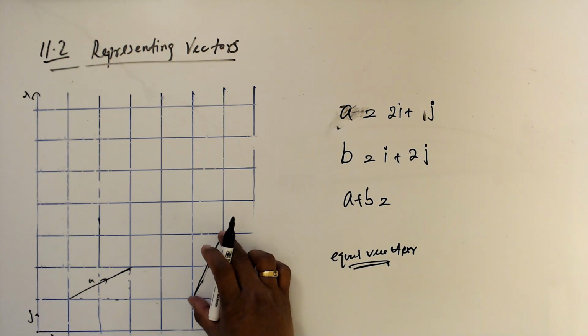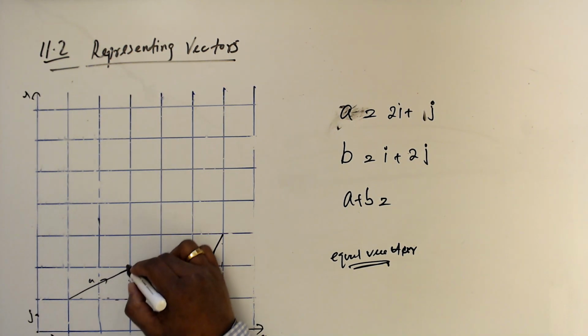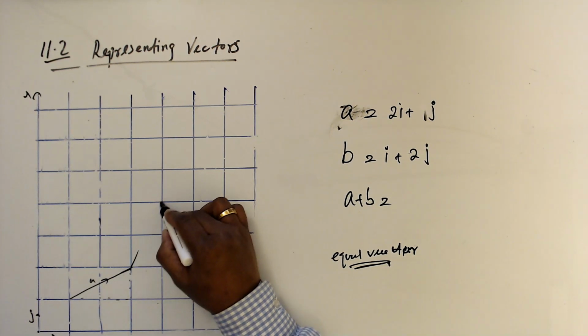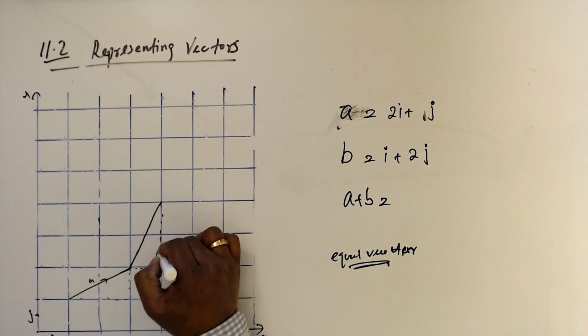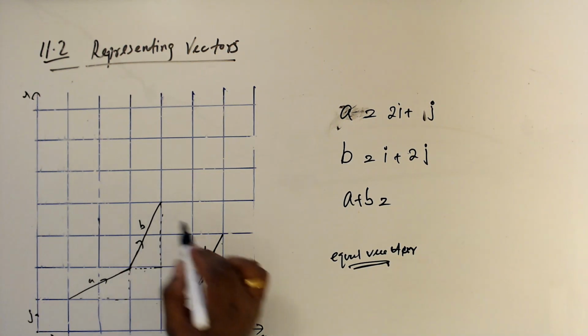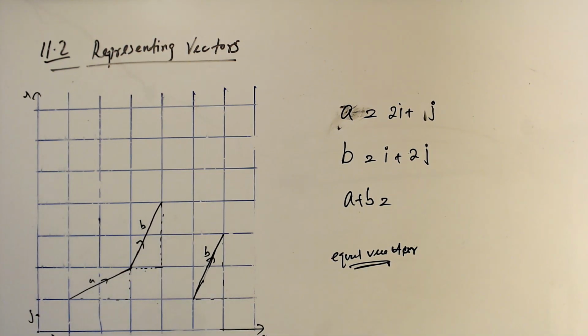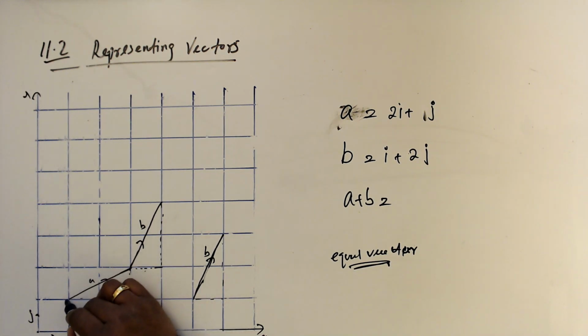So I will take this size and bring it here. Then at the end of a, I will start and draw b. So this is i and j, this is b. Now those two are parallel, that's fine. Now what is a plus b? From the triangle law, a plus b means this one.